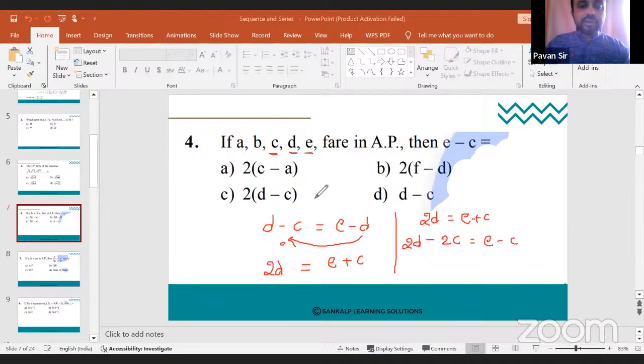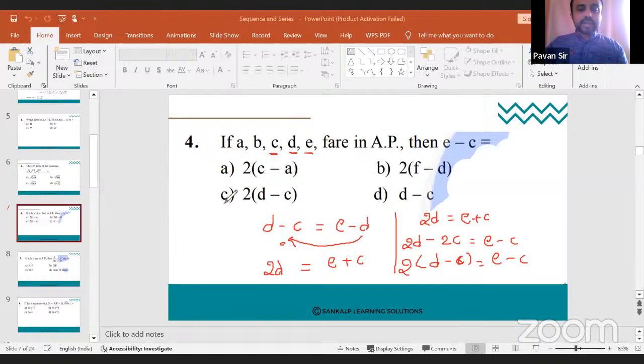Correct? Because if you see, interchange the terms. Now, 2 times D minus C, take the common 2. 2 times D minus C is equal to E minus C. Am I right?